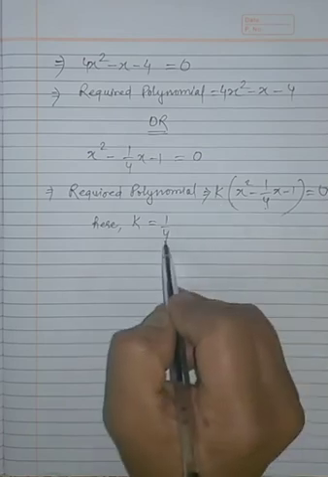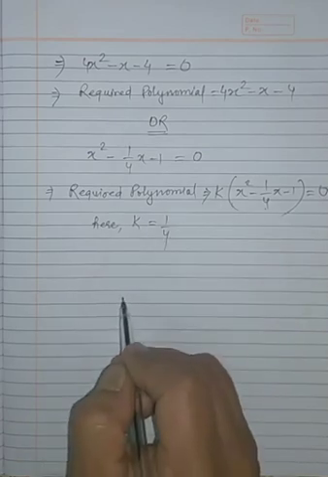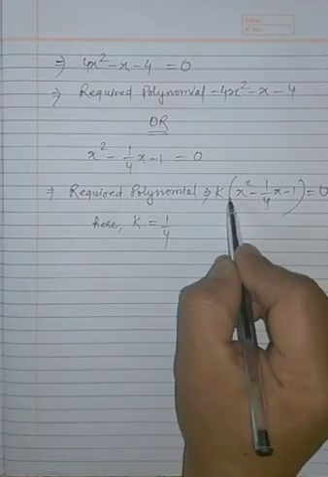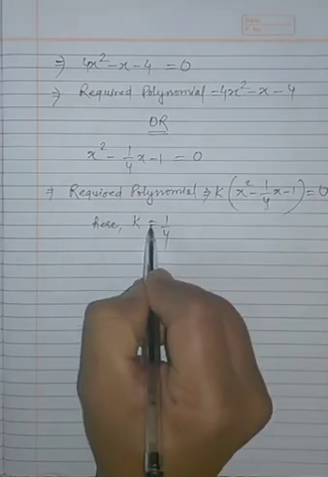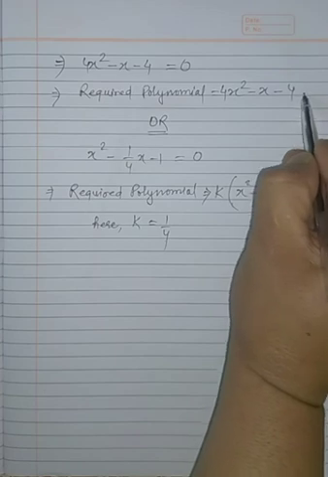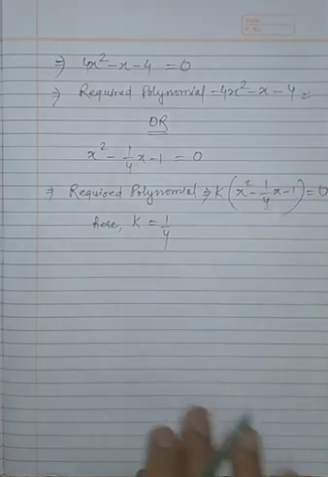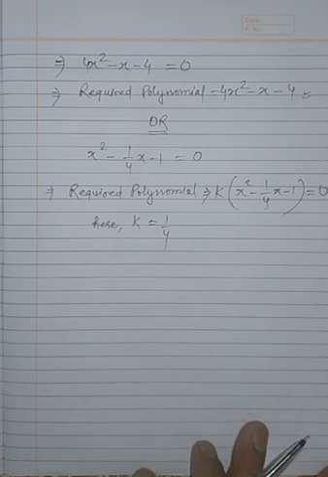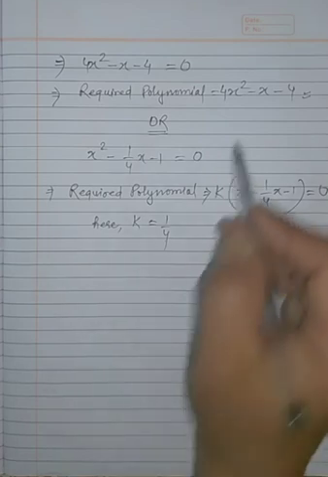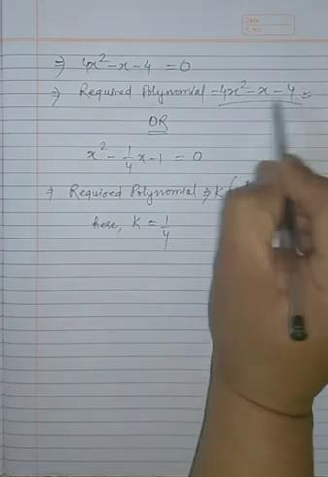So k will represent 1 upon 4. So in some books you will find the answer is given in this form, but in your NCERT book the answer has been given in this form. Okay, so we will follow our NCERT book and we will use it to represent our answer in this form.